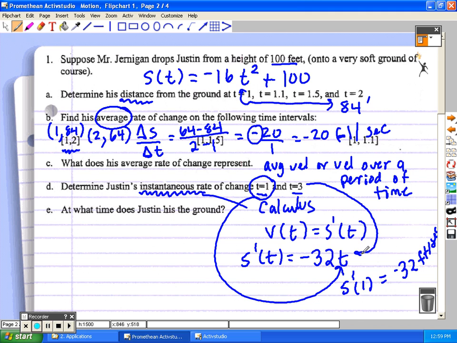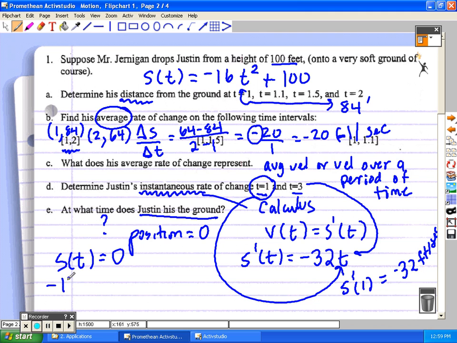And then finally, we have another Algebra 2 question. At what time? So we know that they're asking us for the time when Justin hits the ground. Well, if Justin is hitting the ground, obviously his position from the ground is equal to 0. So this is a fancy way to say, when is Justin's position equal to 0?